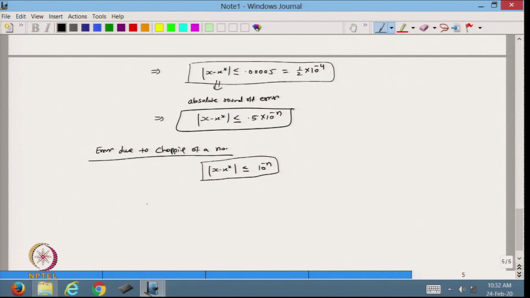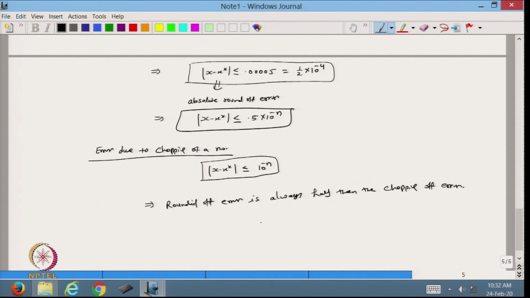So, from here I can say that the rounding error is always half of the chopping error.